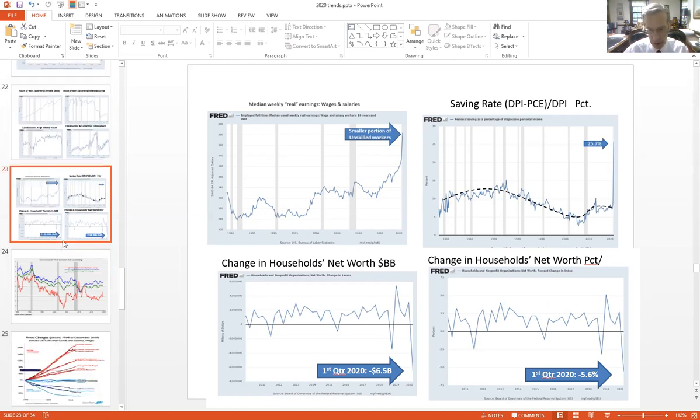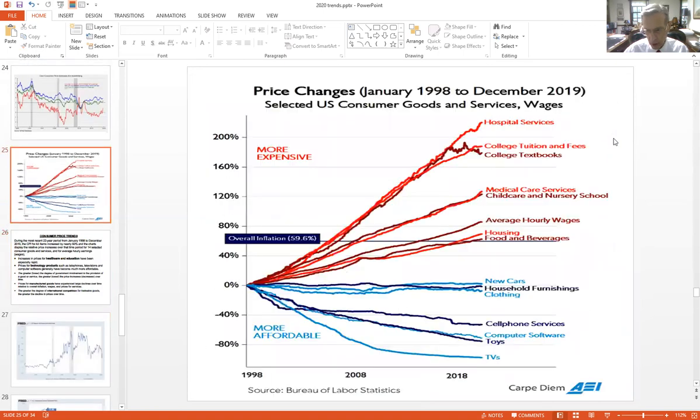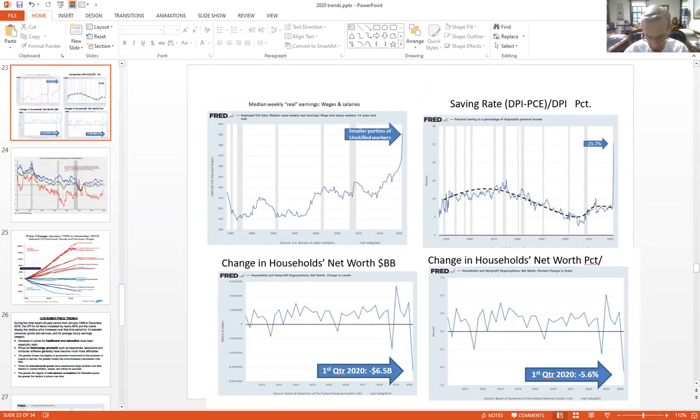More to the point, perhaps, is what we see here in the changes in household net worth, where folks are having more difficulty paying their debts, where they have less income, less saving.